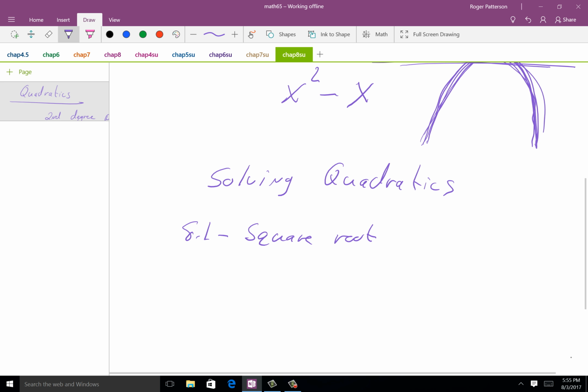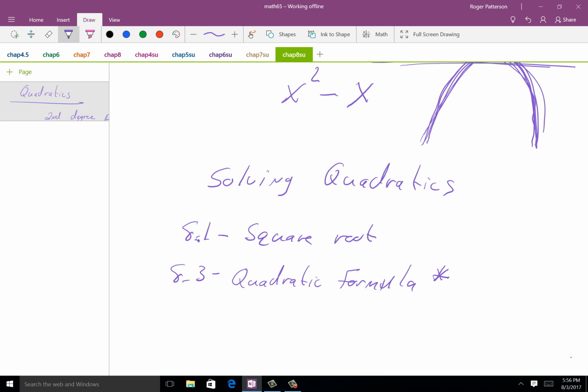All right. 8.2 we skip because the technique it uses is not very good for solving. It's just way long. And this one we use the quadratic formula, which is by far the best way, okay?